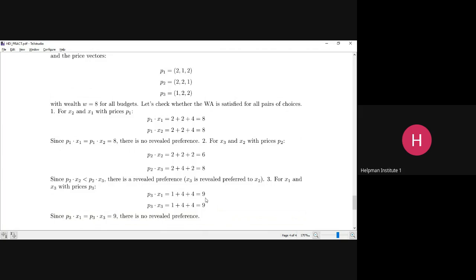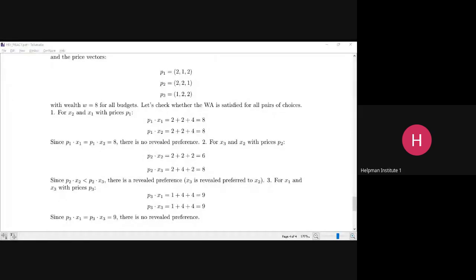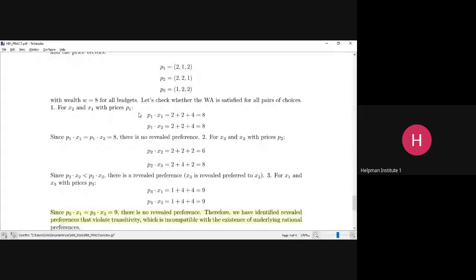Since we are having indifference here between the choice of x2 and x3, no one is revealed. Then we can conclude that this relation violates transitivity, and that also means it does not satisfy rational preference. Remember what rational preference says. It must be complete, and it must be what?